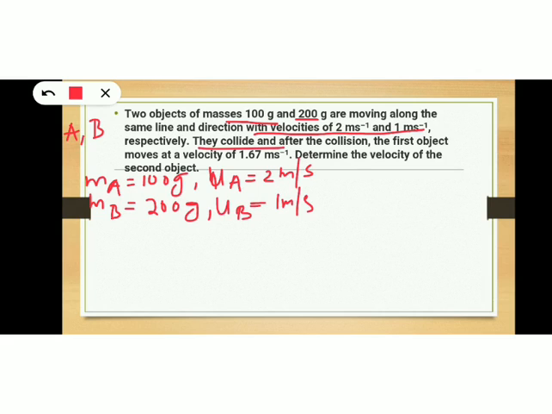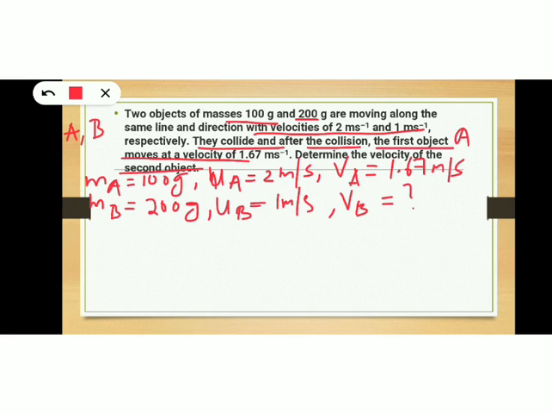So collision is the event here, and after collision the first object, that means our A, moves at a velocity of 1.67 meter per second. So the final velocity of A is given, and after collision the velocity of the object A will change and the final velocity is 1.67 meter per second. Determine the velocity of second object. So you must find out the final velocity of second object B.